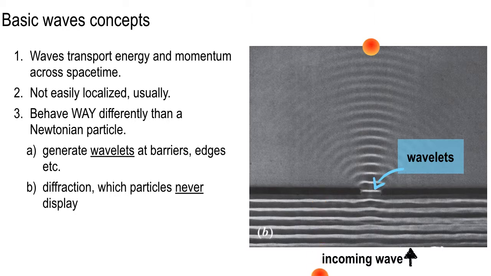So if you're recording the impact of Newtonian particles, you'll have a lot of scores here, but you won't have jack to the left and right. But with waves, you're going to get a lot of wave energy to the left and to the right, alternating with zones without wave energy. That's the dark part of a diffraction grating.